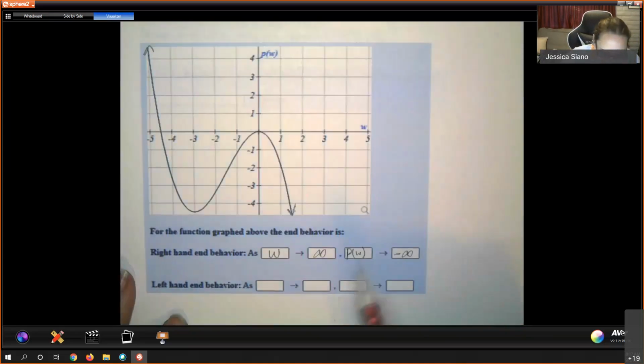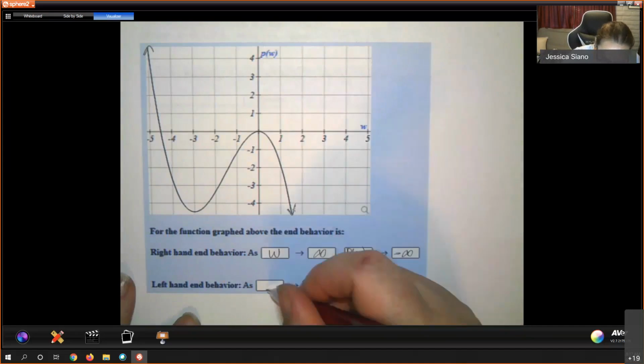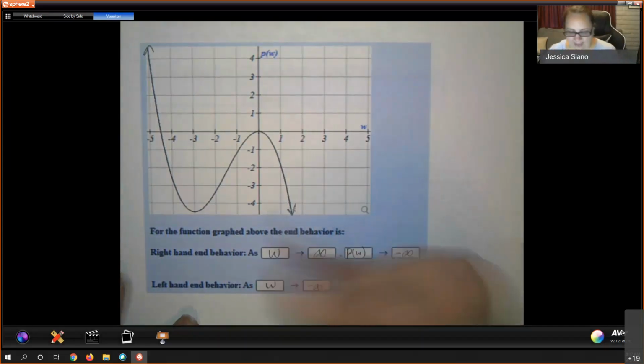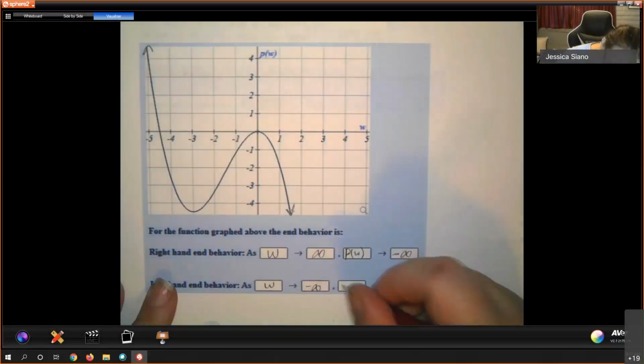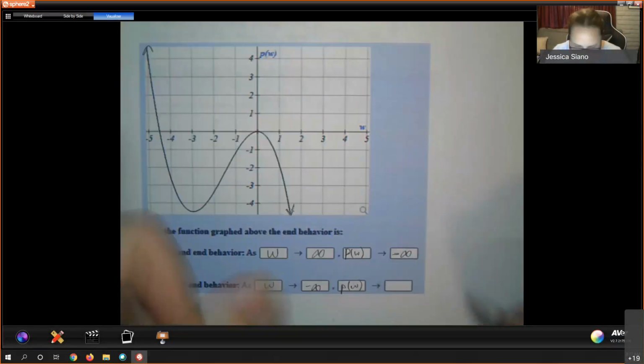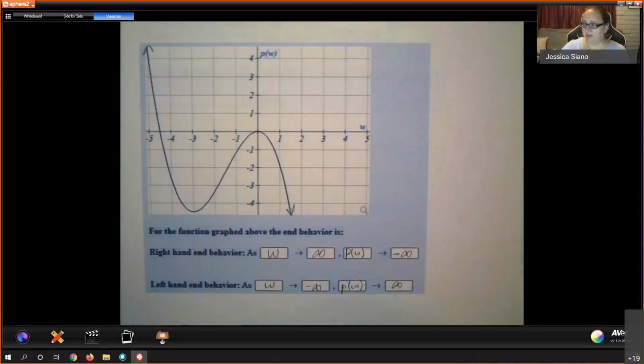Okay. On this side, as W approaches negative infinity, that means as the graph goes to the left, P of W goes up, so toward positive infinity. Is everybody okay with that?